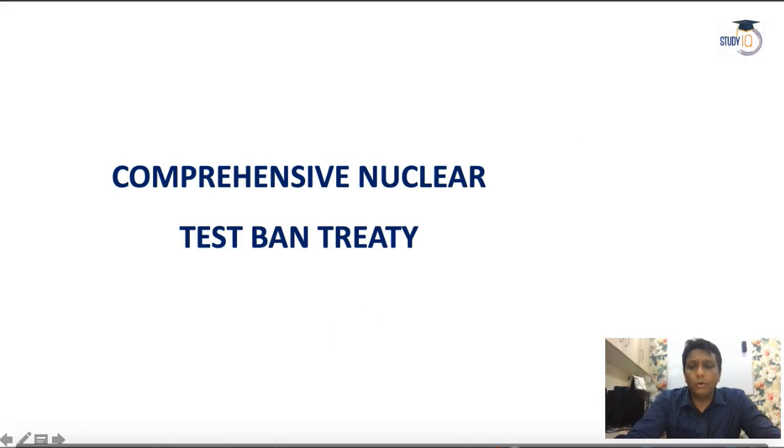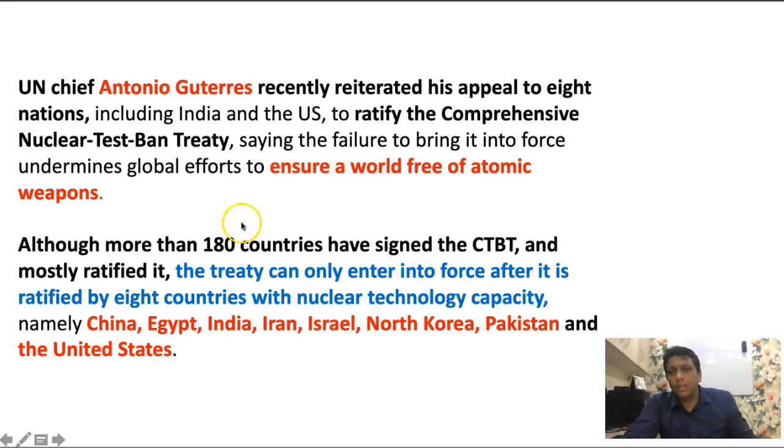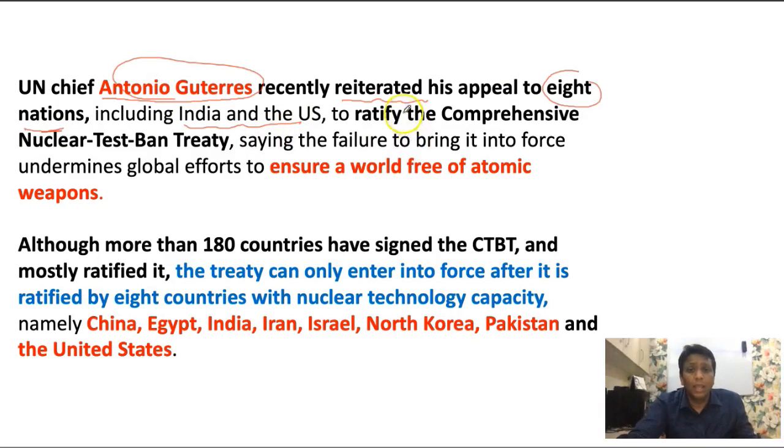The Comprehensive Nuclear Test Ban Treaty was also in this month's news. Actually, UN chief Antonio Guterres recently reiterated his appeal to 8 nations. In these 8 nations, India and the US are among them, and the appeal was especially to ratify the CTBT.